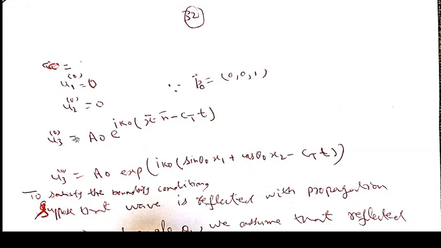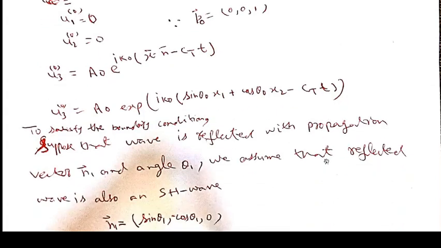The third is 1, so we have the third in this way. U3 naught equals A naught, for incident amplitude, e to the power iota k naught, x dot n minus Ct. For the SH wave we take transverse Ct, T for transverse. So here it will be sin theta 0 x1 plus cos theta 0 x2 minus Ct t.